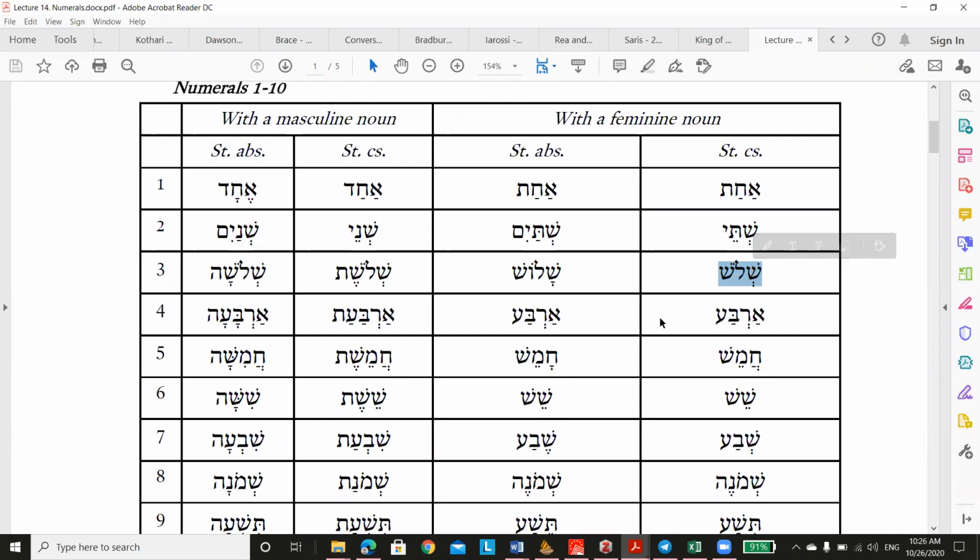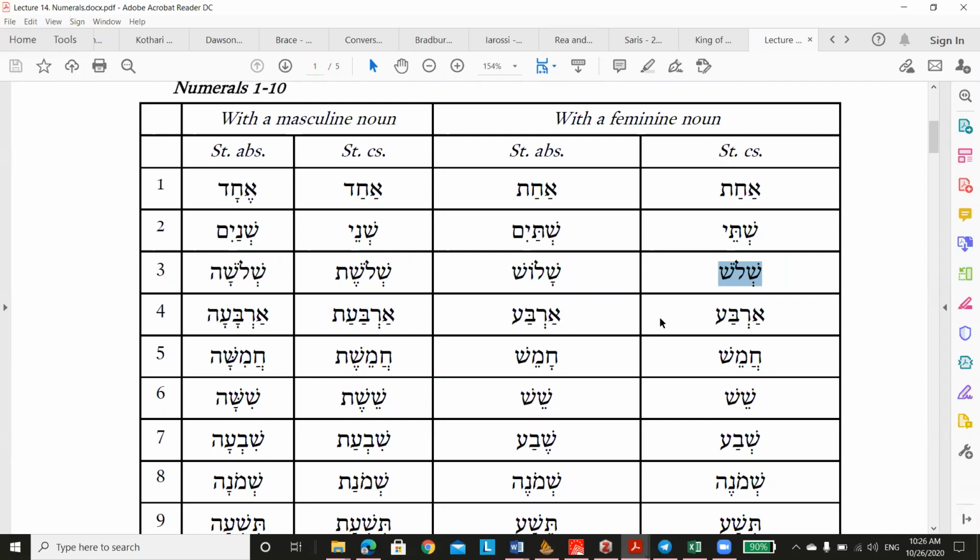Is it also with the feminine? Is it just the masculine taking the feminine? In both cases. If the noun is masculine, the number should be feminine. If the noun is feminine, the number should be masculine.